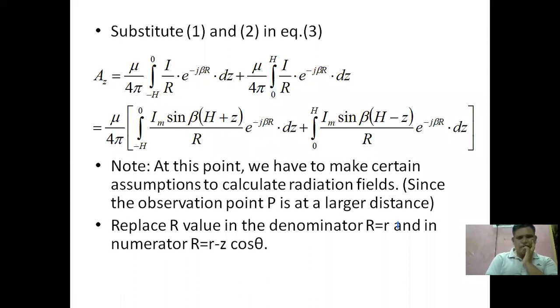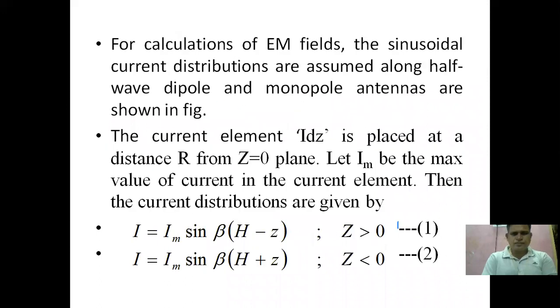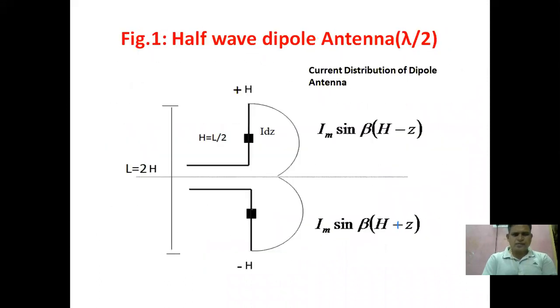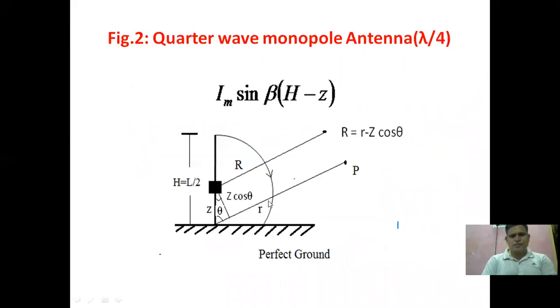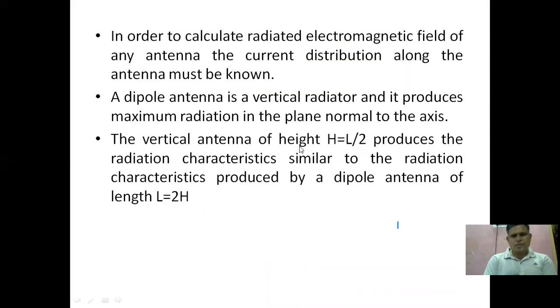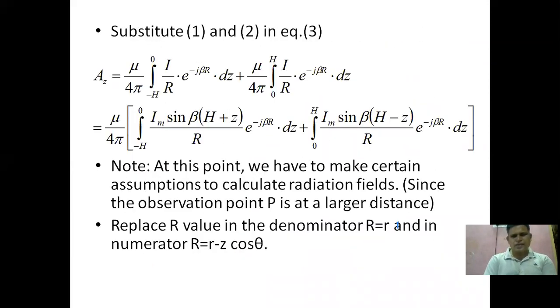Here we have to make some assumptions. This r is the distance at the observation point, and there is some path difference. Whenever we are talking about the far fields, these two lines are parallel.